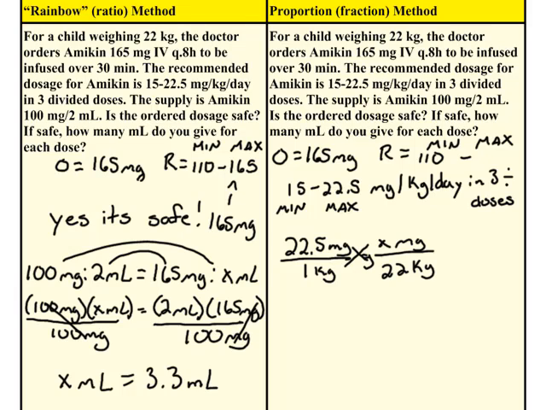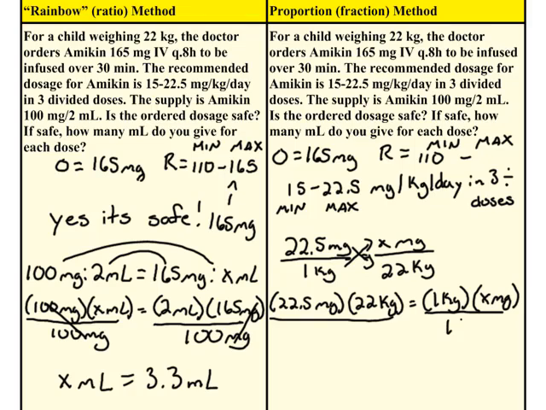We can do this by cross-multiplying. 22.5 milligrams times 22 kilograms equals 1 kilogram times X milligrams. We then will divide both sides of the equation by 1 kilogram in order to get X by itself.